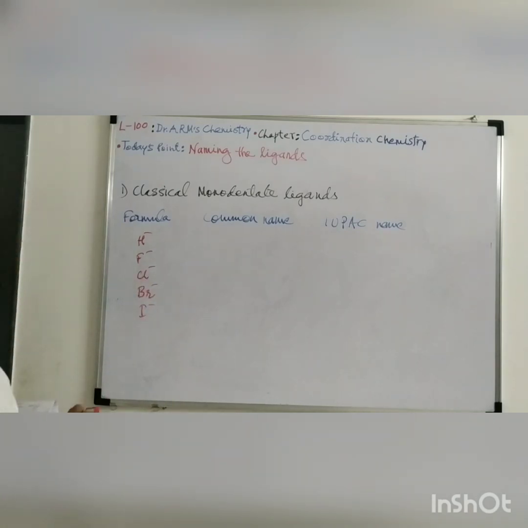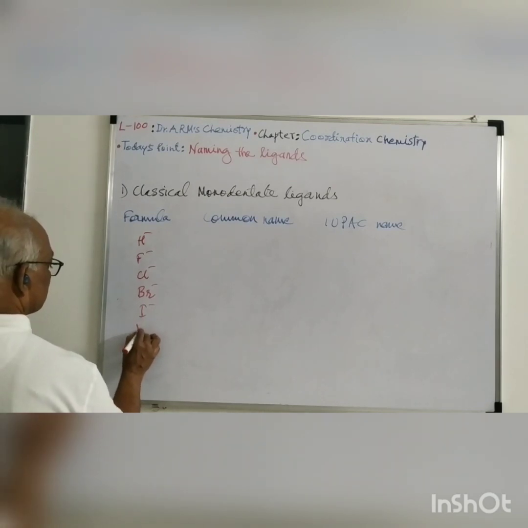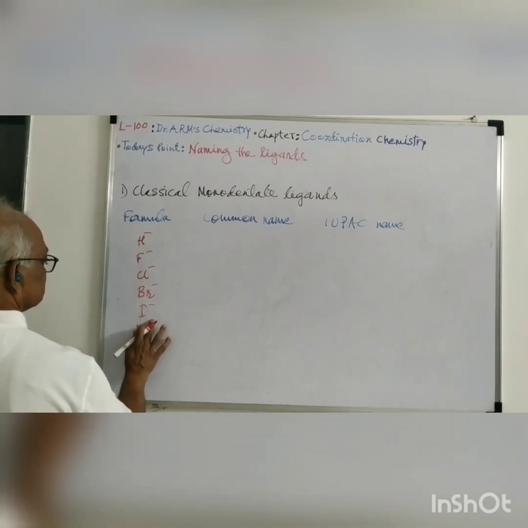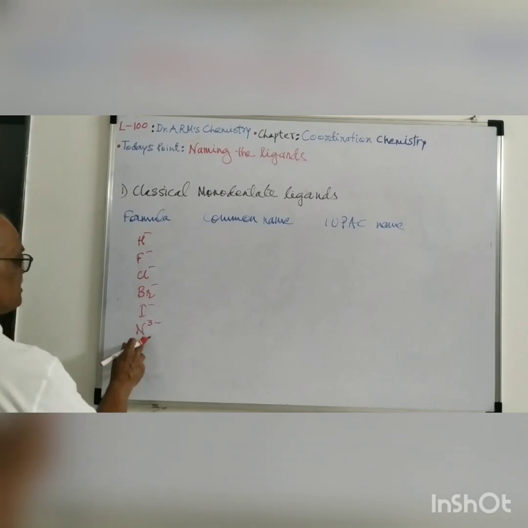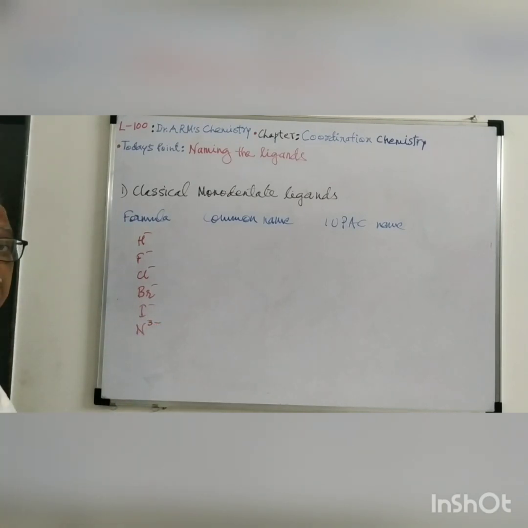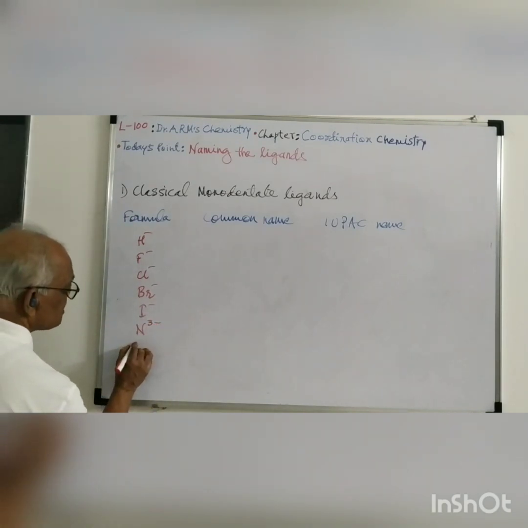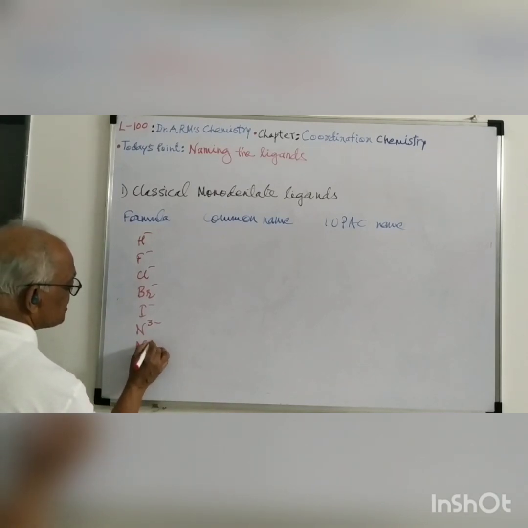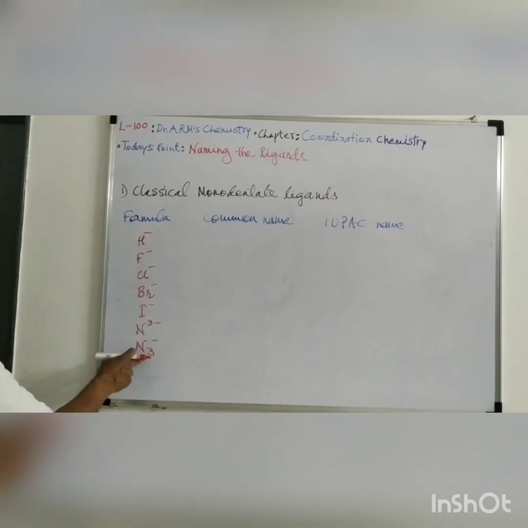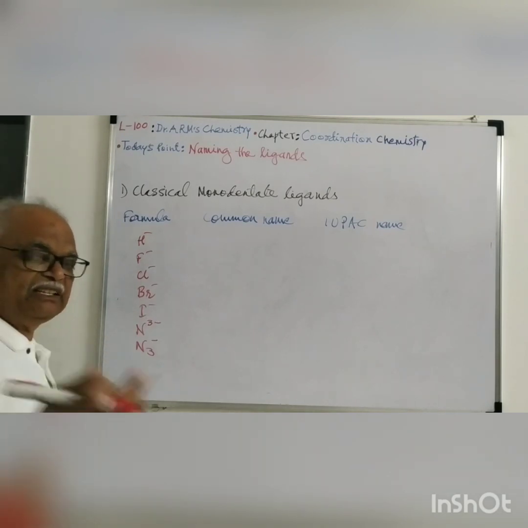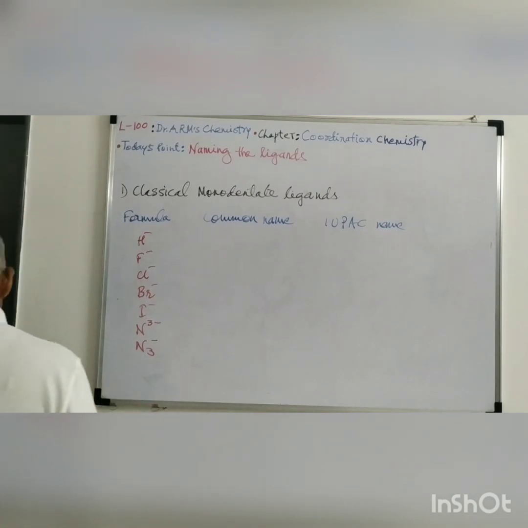Now other ions, that is N3 minus, meaning nitrogen has 3 negative charges. Then there is another, N3 minus, where 3 nitrogens are bonded and have 1 negative charge.